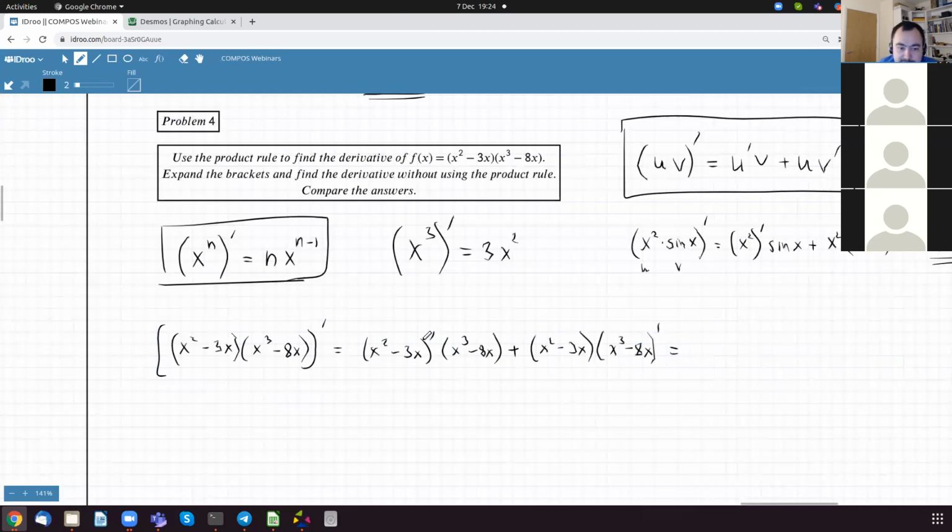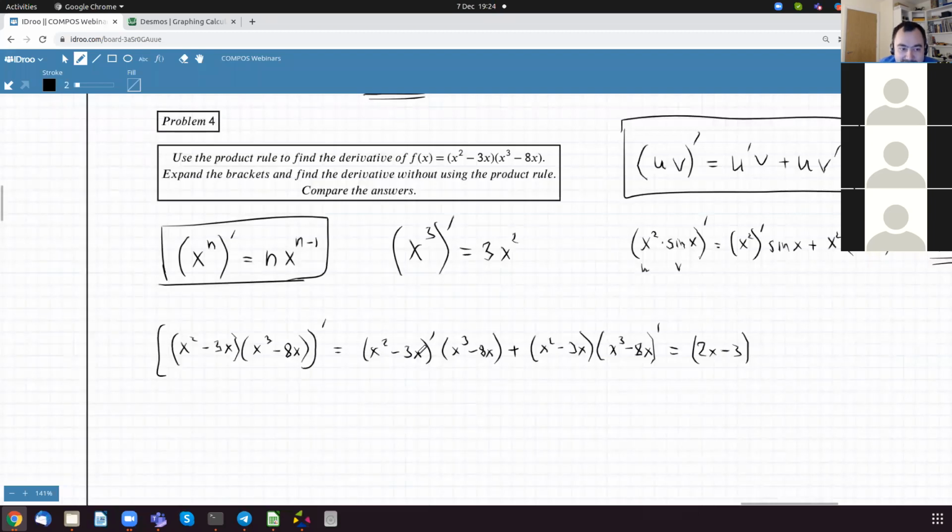The derivative of this is 2x minus 3, using this formula. The derivative of x squared is 2x.